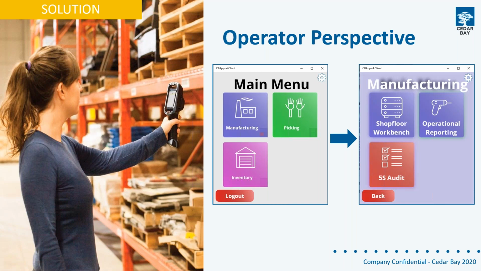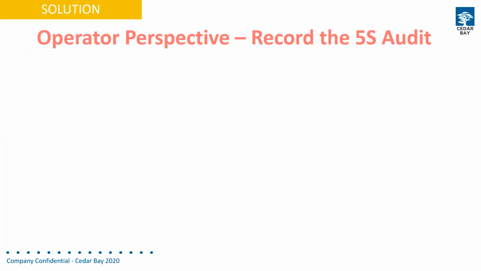The operator would select the 5S audit, and they will be stepped through a series of screens. Each of these screens is one of our pages from Transaction Builder. Screen one is the work center, and the drop-down list of values displayed on the screen is being pulled by our code block, and the values returned are all the work center locations that exist on the site I'm currently working on.